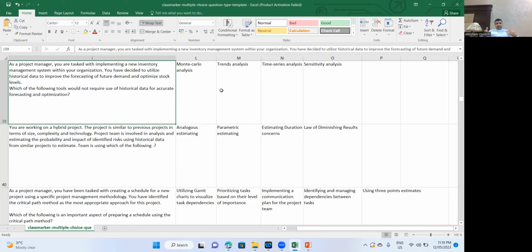Similarly, time series analysis also needs the historical data to come up with the forecasting. Monte Carlo also needs data, based on input data, where the estimates should be the previous projects' estimates or something that has some background to it.